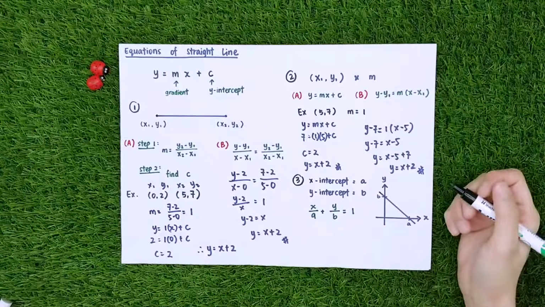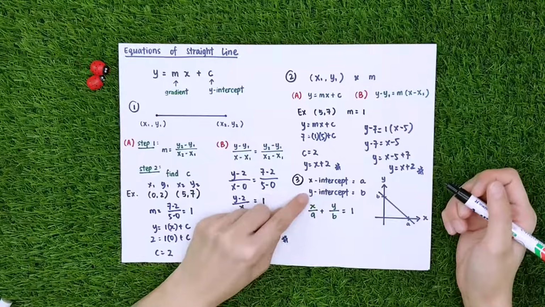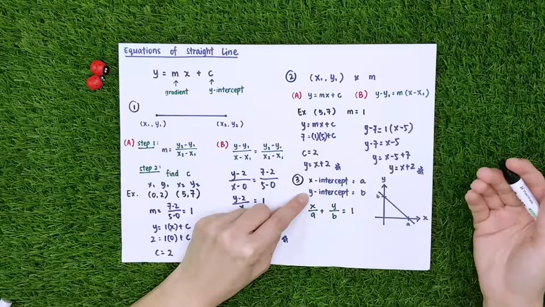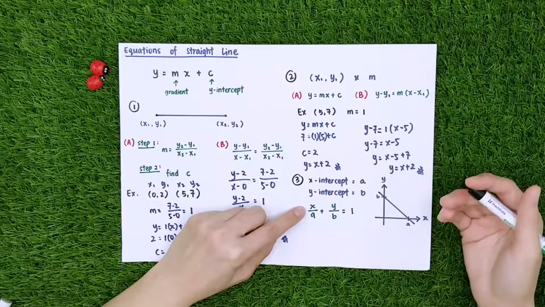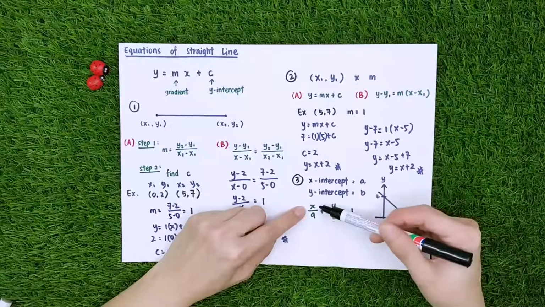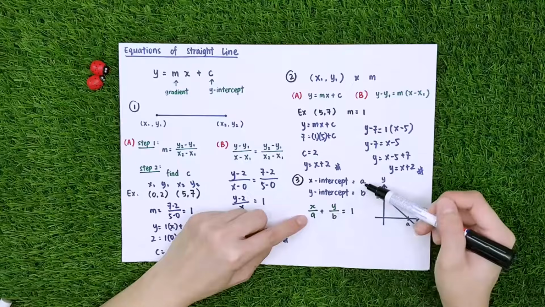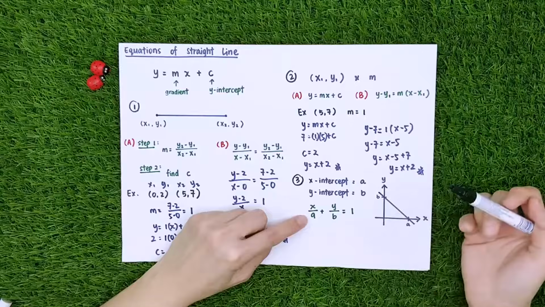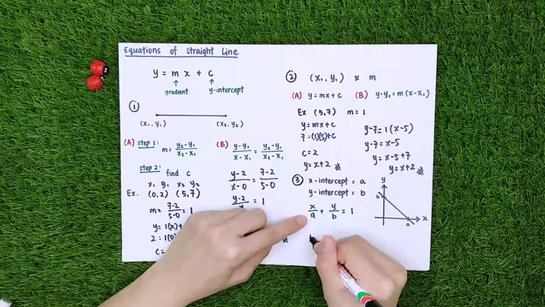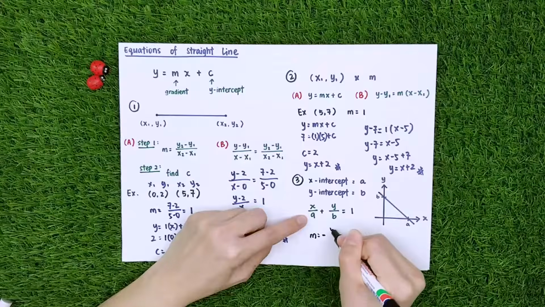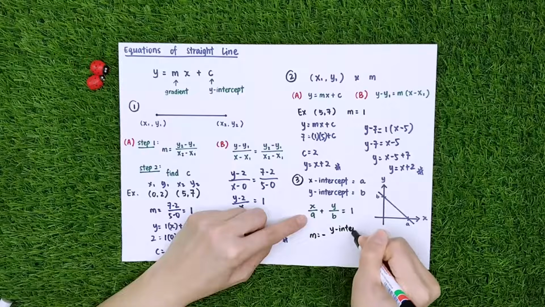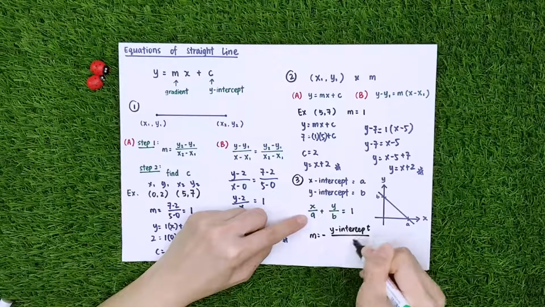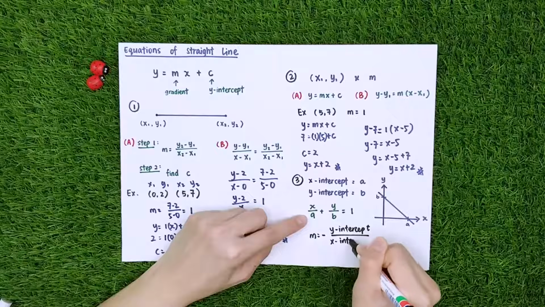So for the last part, the x-intercept and y-intercept are given by the question. You can directly form the equation by using this formula: x over a, which is the x-intercept, plus y over b, which is the y-intercept, equals 1. The gradient will be equal to negative y-intercept over x-intercept.